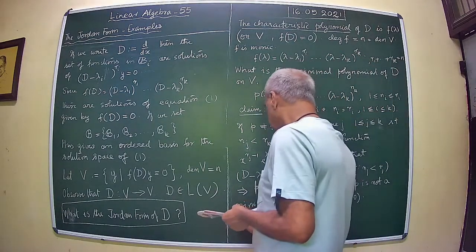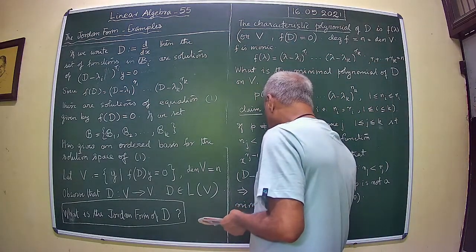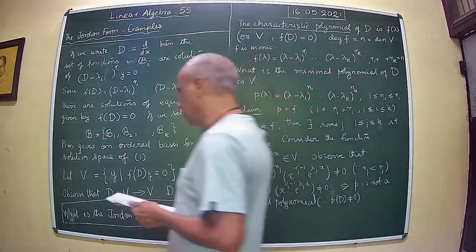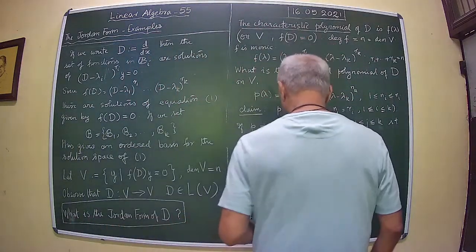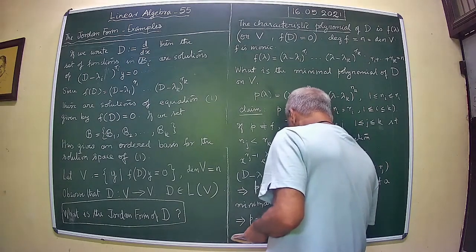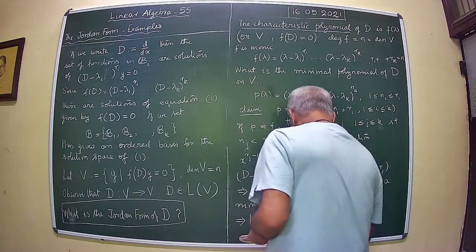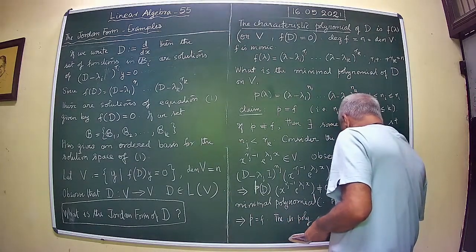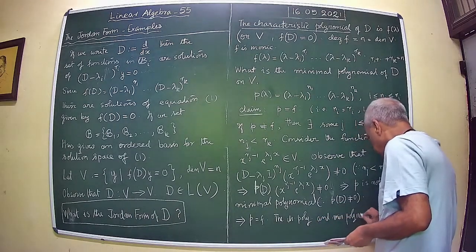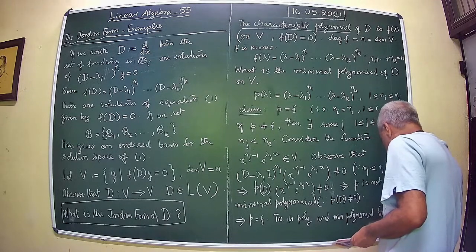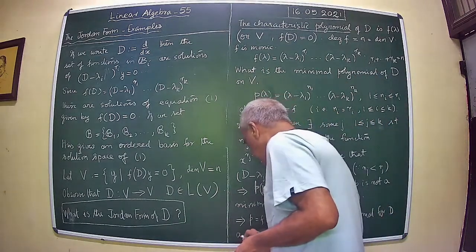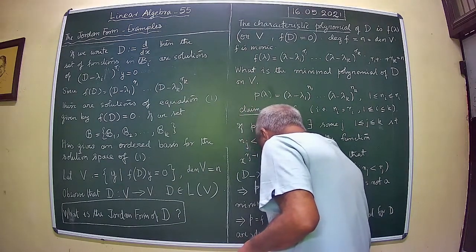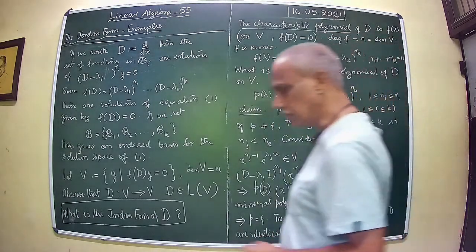It implies P equal to F, or the characteristic polynomial and the minimal polynomial are identical. Okay, so that gives some information.